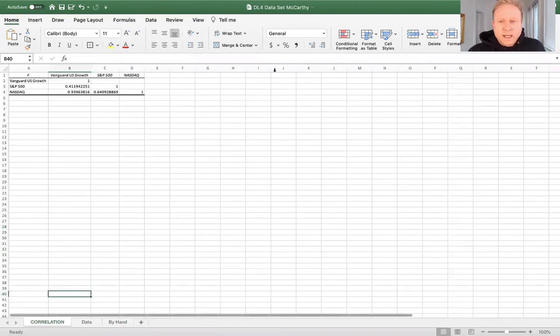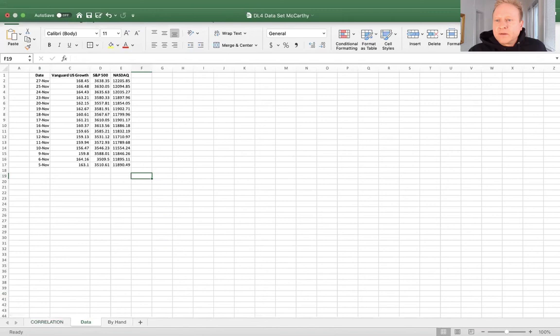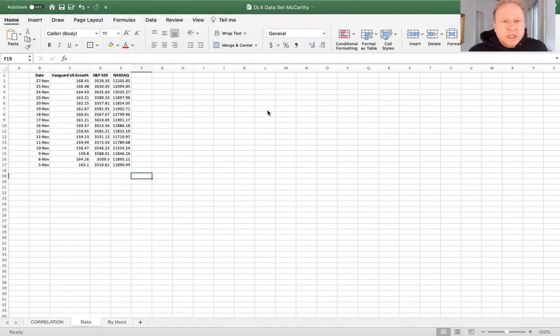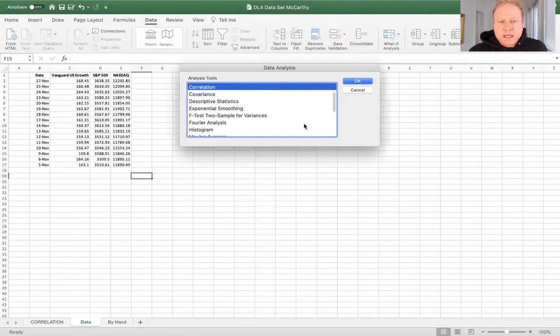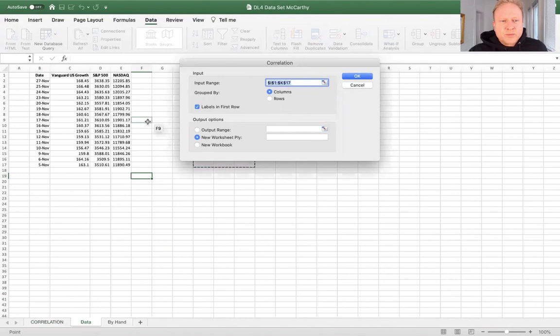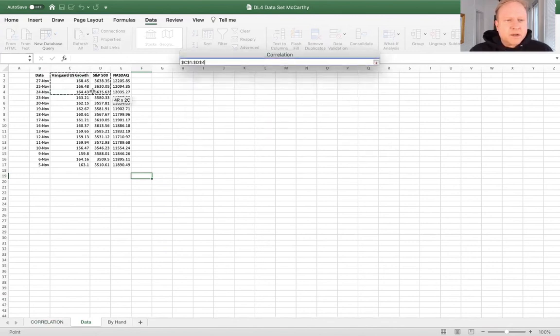However, what's really cool is you can actually take this data, and we have a function here in Excel where we go to data analysis, and this is where it does it all for you. So you go to correlation, you hit OK, and then you put in your input range, which is going to be the Vanguard fund, the S&P, and the Nasdaq.